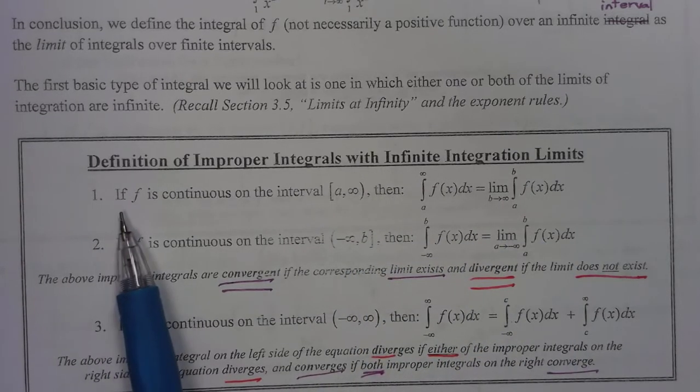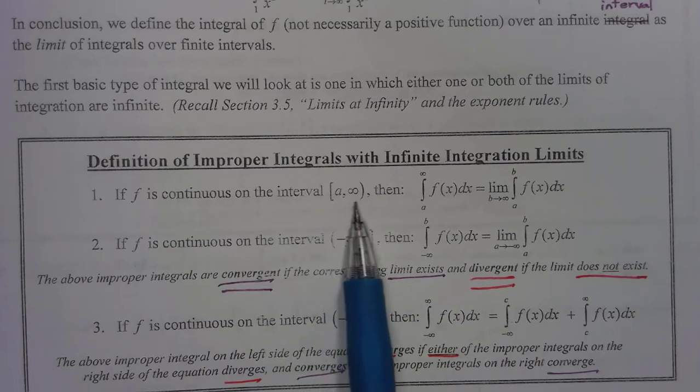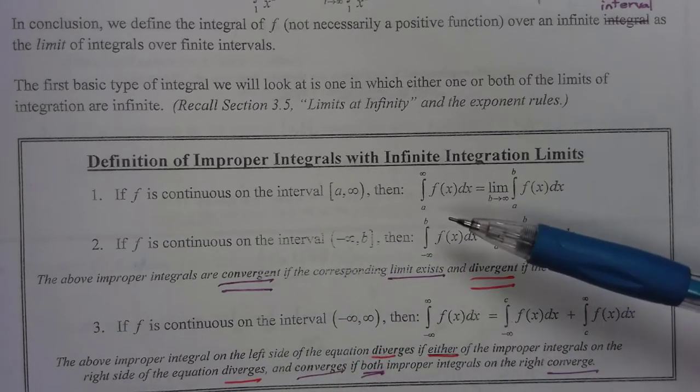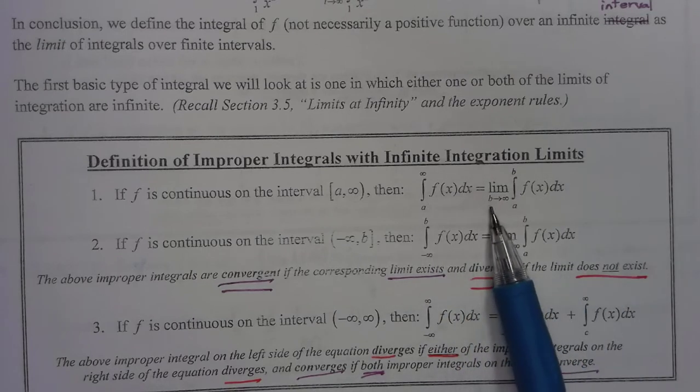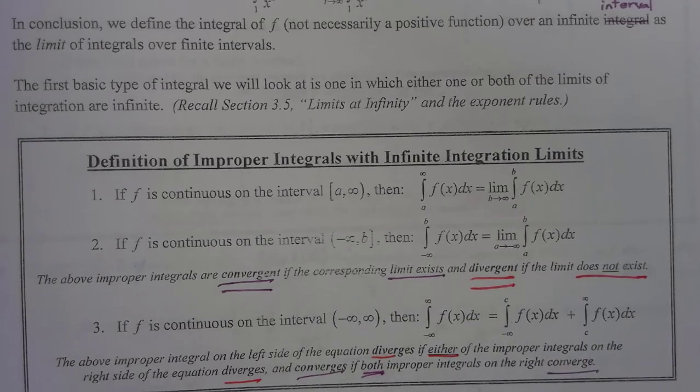Number one, if f is continuous on the half-open interval from a to infinity, closed at a, open to infinity, then the integral from a to infinity of f of x dx is the limit as b goes to infinity of the integral from a to b of f of x dx.